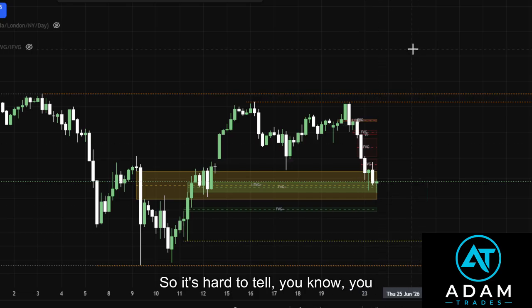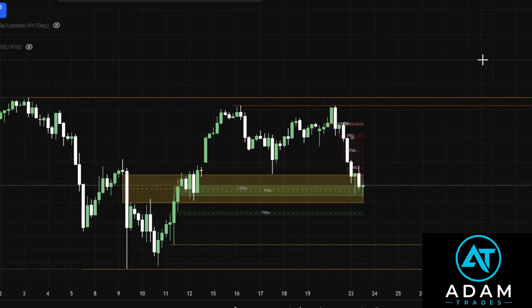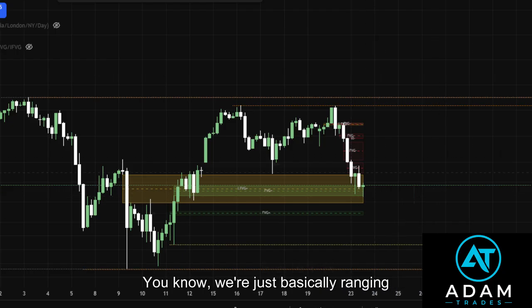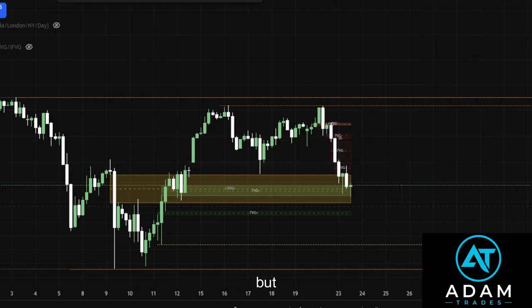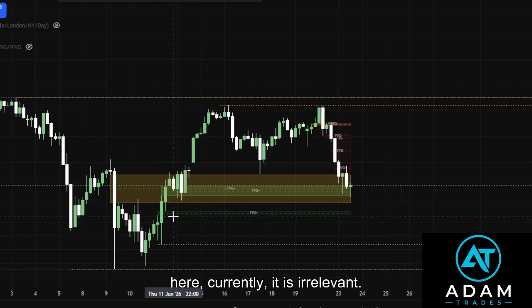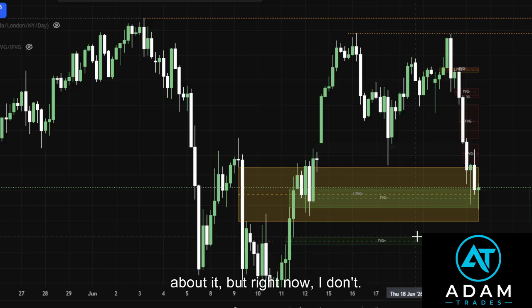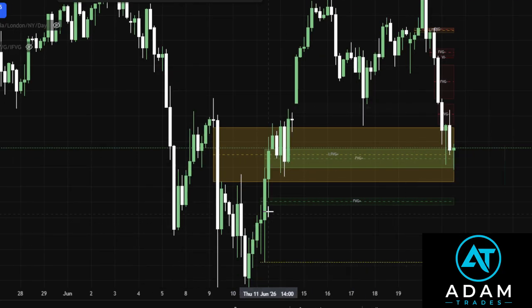So it's hard to tell; ultimately you'd want to see one of these get swept. We're basically ranging currently. But this fair value gap down here, currently it is irrelevant. I don't particularly care about it. That doesn't mean that I'll never care about it, but right now I don't.